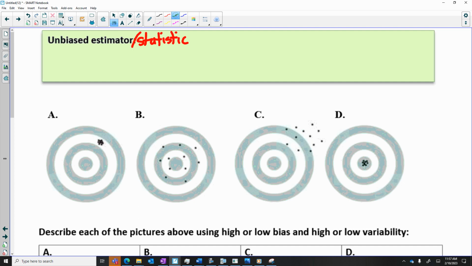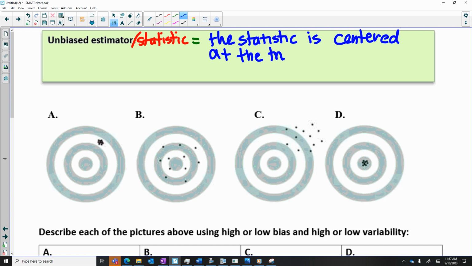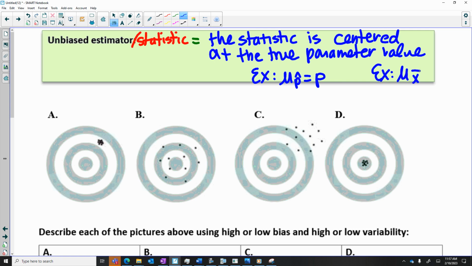Basically what it means is the statistic is centered at the true parameter value. So in the case of our example, the mean of all the p hats should equal the true parameter p. And in our example from yesterday, the mean of all the x bars should equal the true mean mu.